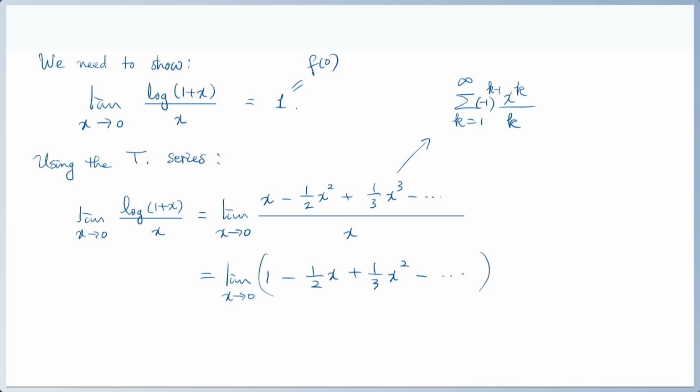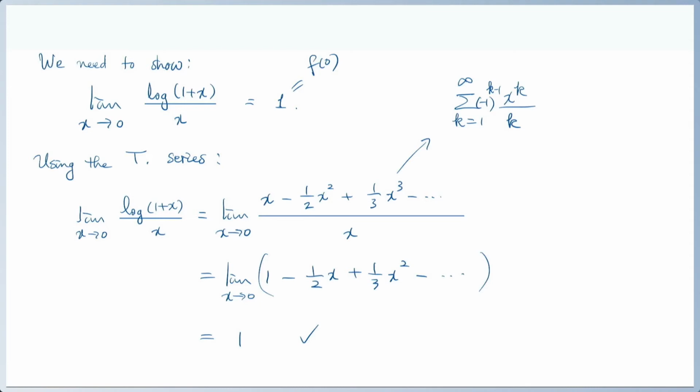I see that infinitely many of these terms vanish due to at least the factor of x. So the lone survivor is 1 at the very beginning. This confirms that the function has to be continuous at x equals 0.